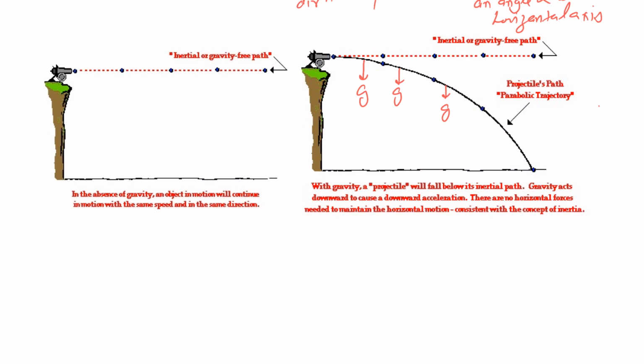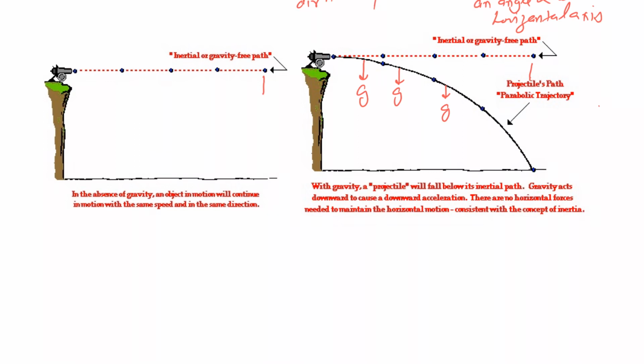It is worth noting that in both the cases the horizontal distance remains the same, because the horizontal velocity in both the cases is constant. So the only difference gravity makes is that it changes the vertical motion, it changes the vertical acceleration.